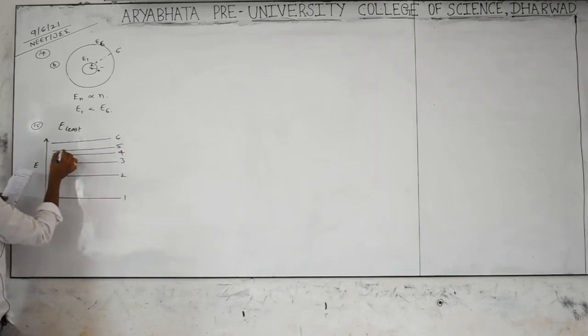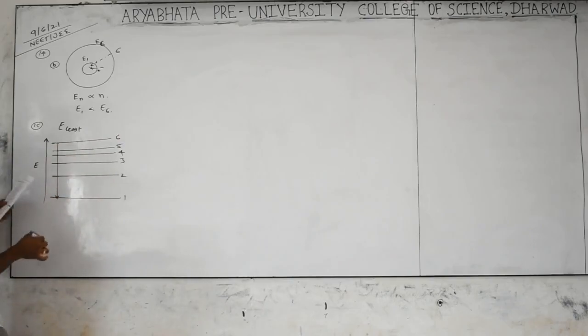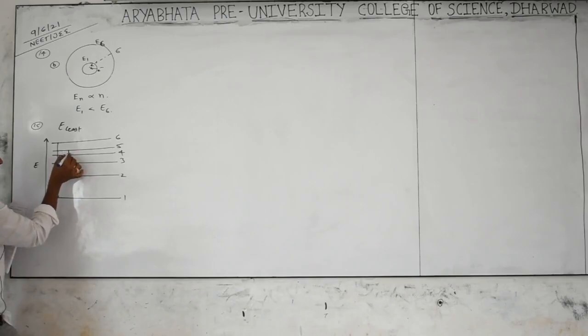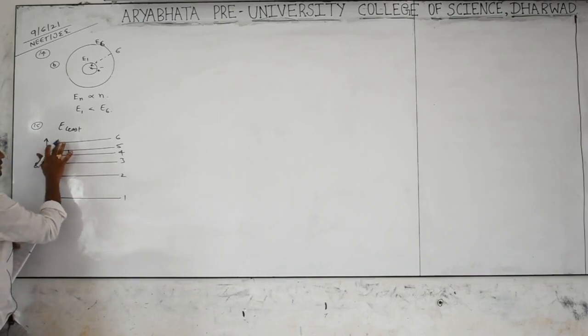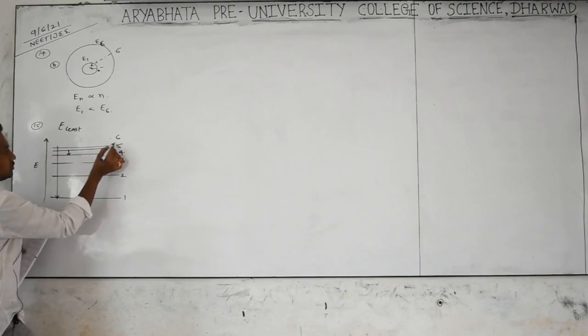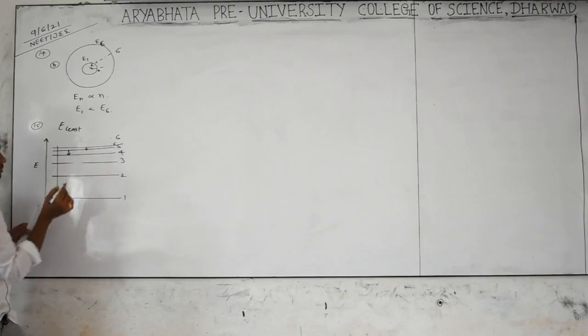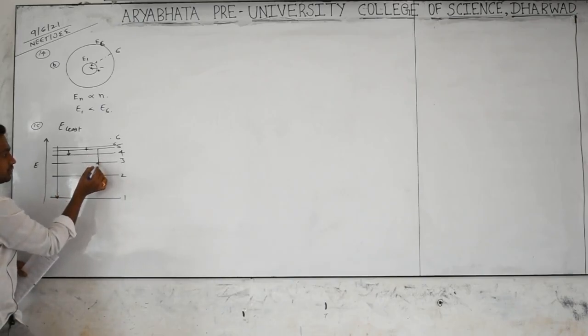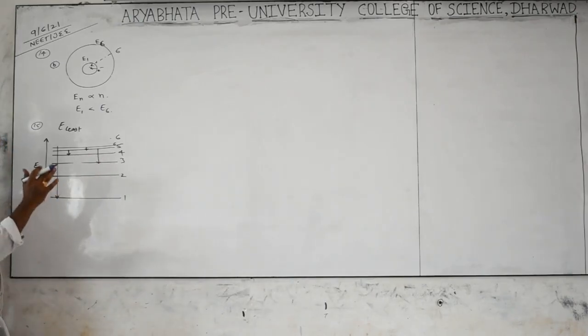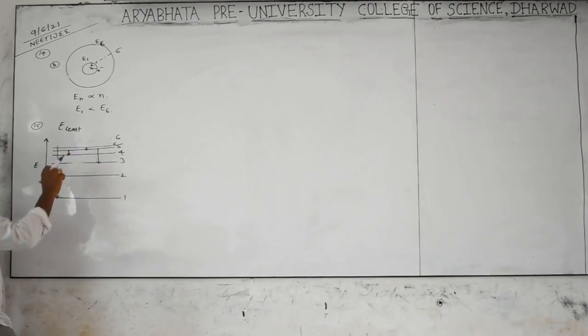Just check it, 6 to 1, one transition will be there. Next 5 to 4, one transition is there. Next the third option, 6 to 5. 6 to 5 is still less actually, it will be very less. And next 5 to 3 transition will be there.